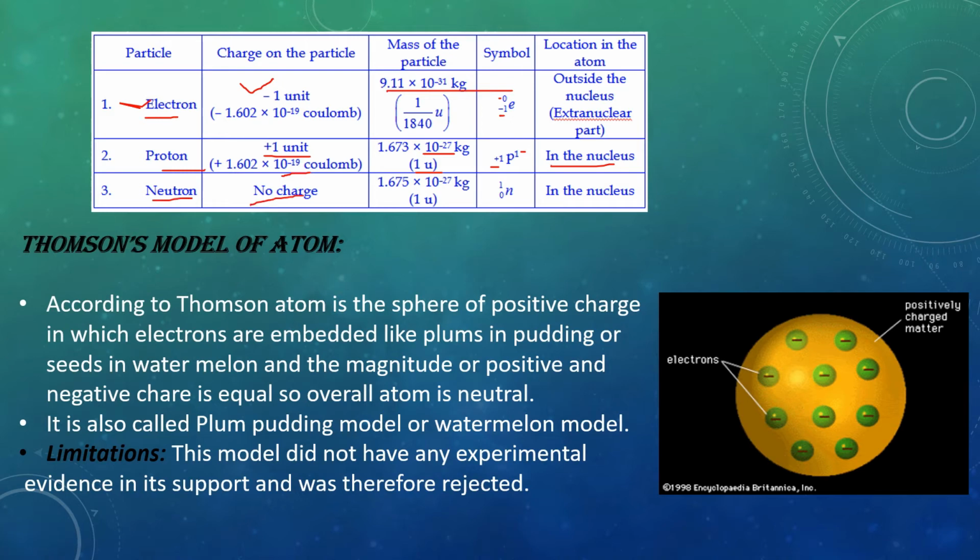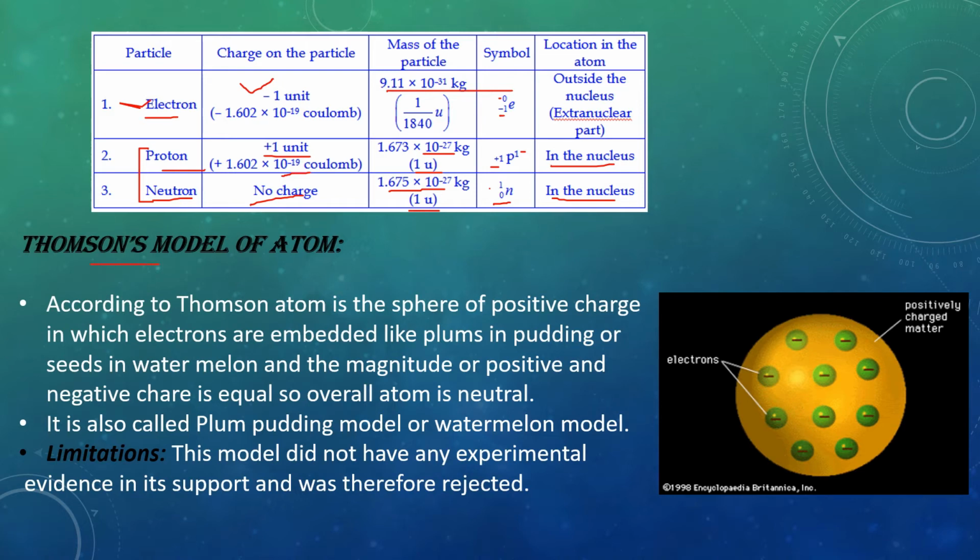It has no charge. Its mass is equal to that of proton, that is 1.67 x 10^-27 kg, or you can say 1 u. Its symbol is 0n1. 0 because there is no charge, 1 is its mass, and n is the symbol, and its position is again in the nucleus. Now protons and neutrons together are known as nucleons, because these are the particles which are present inside the nucleus.